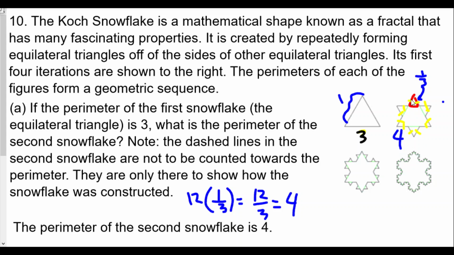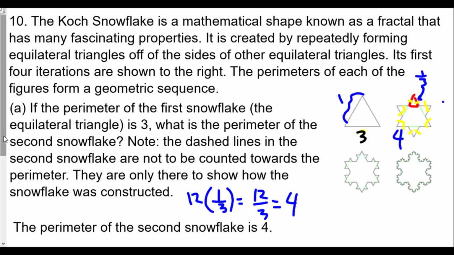Therefore, each of these pieces is 1/3 because this piece plus this piece plus this piece form a length of 1. So each of the smaller pieces is 1/3. So we count each of these 1/3 pieces, we'll have 12 of them to form this snowflake. And so 12 times 1/3 is going to be 4.